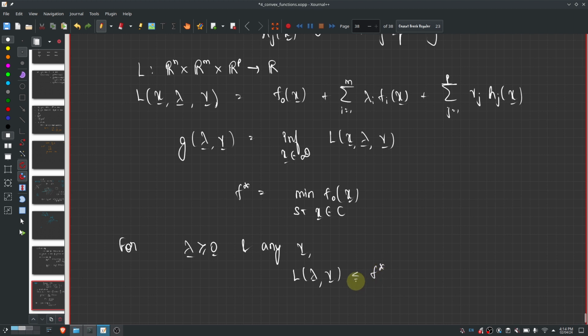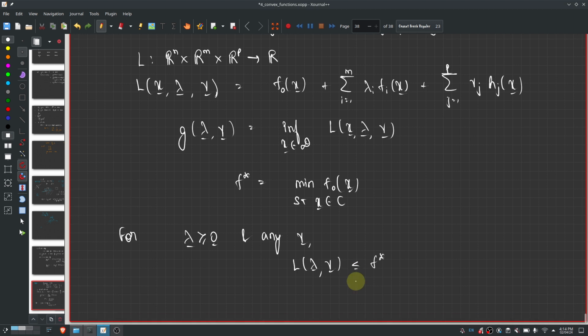So this always gives you a lower bound. One way of trying to get the best possible lower bound is to maximize this over all possible lambda greater than or equal to 0 and nu in R^p.